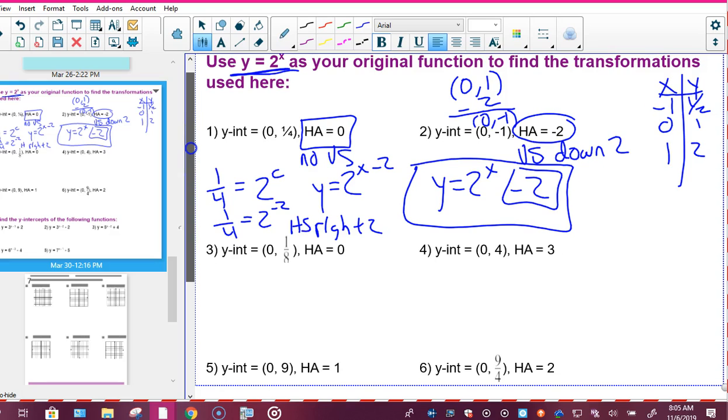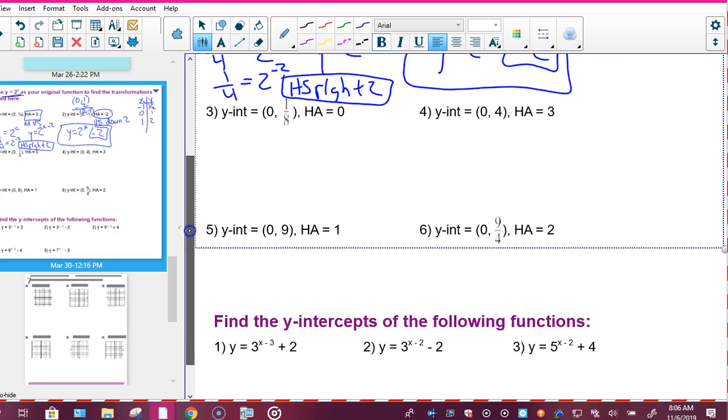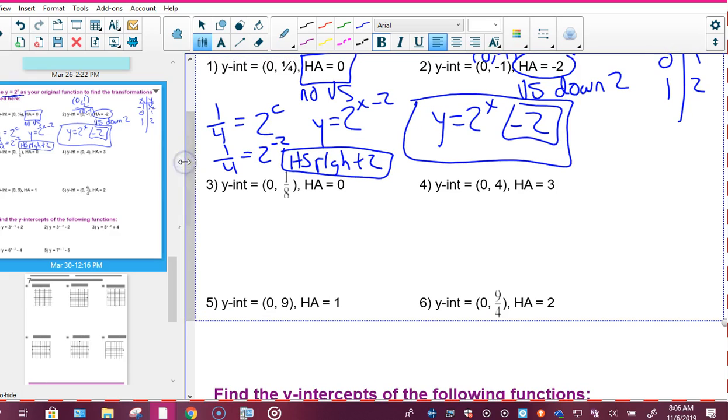It's not negative 2, because it was a horizontal shift, not a reflection. If you don't have a vertical shift, you can assume there was a horizontal one. And then there are cases where there's both. Questions on one before we do one of these?